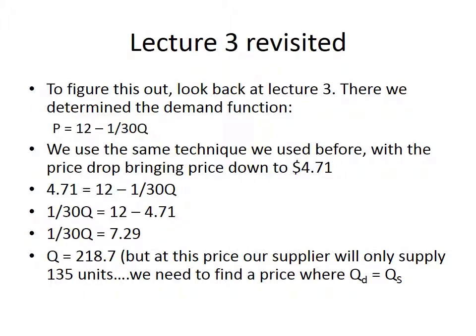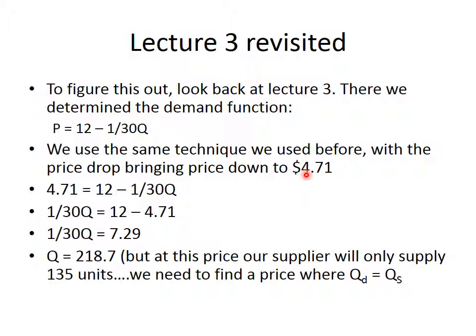Well, let's revisit Lecture 3. In Lecture 3, we calculated this as our demand function. Price equals 12 minus 1/30th Q. We just went through and changed the price again. We dropped the price down to $4.71. Why did we do that? Because at first, at a price of $7.50, the demanders, the customers, were willing to demand 135 sandwiches.